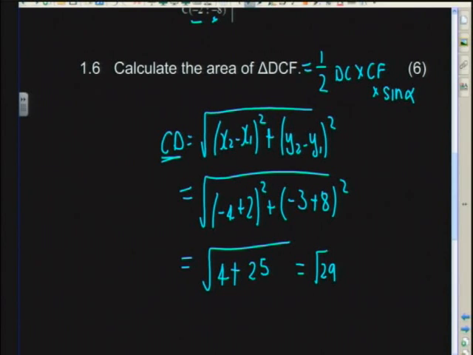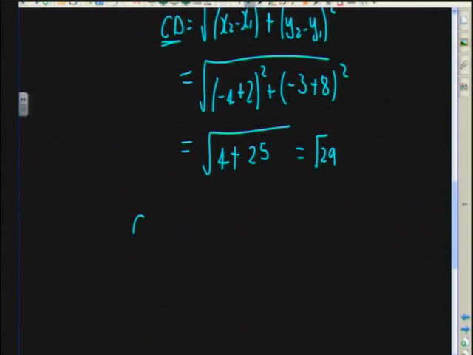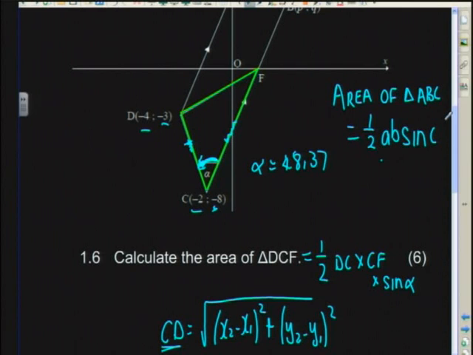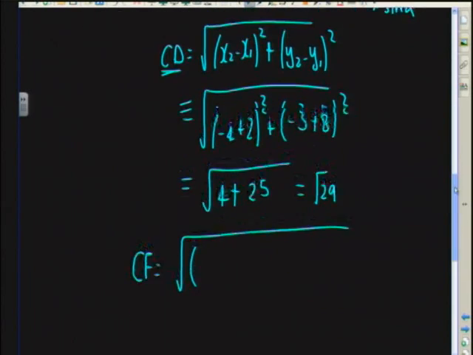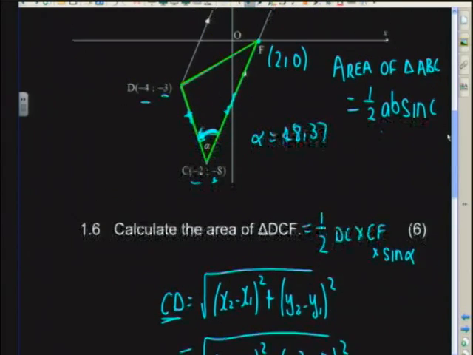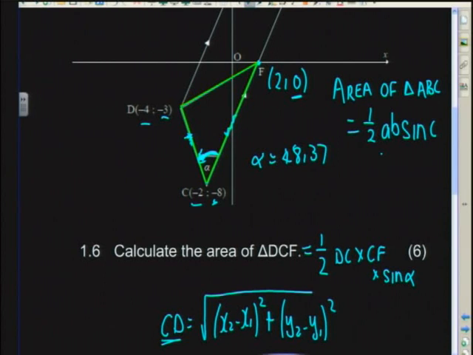Let's do the same thing for CF. All right, so CF, we're using the coordinates of F. Remember, we worked this out right in the beginning of the question. It was 2 and 0. Okay, so we're going to say 2 minus minus 2, so it's going to become 2 plus 2 all squared, plus 0, which is the y coordinate at F, minus minus 8.